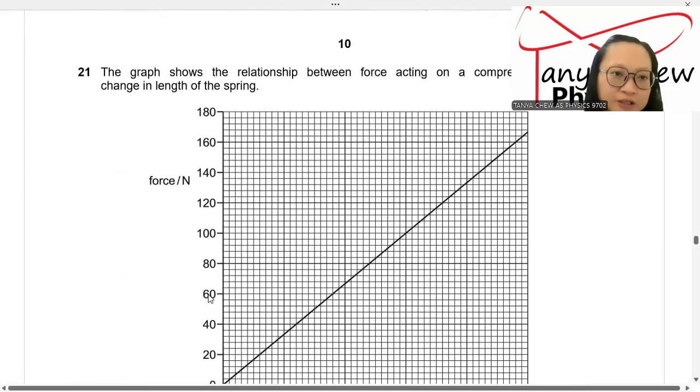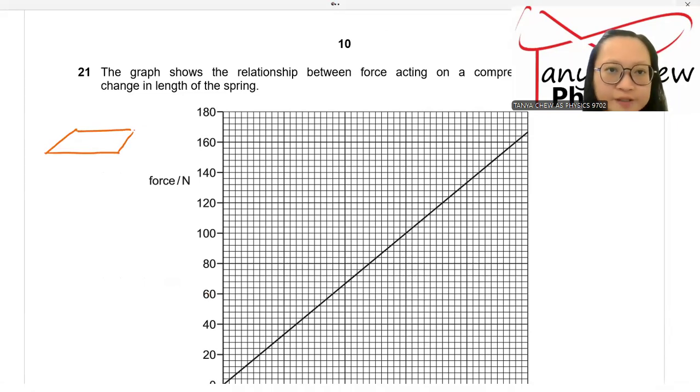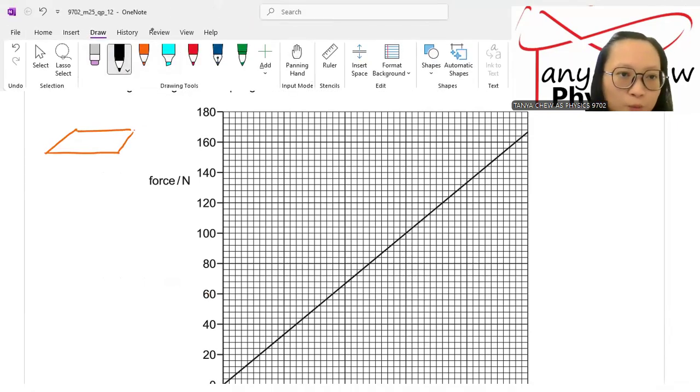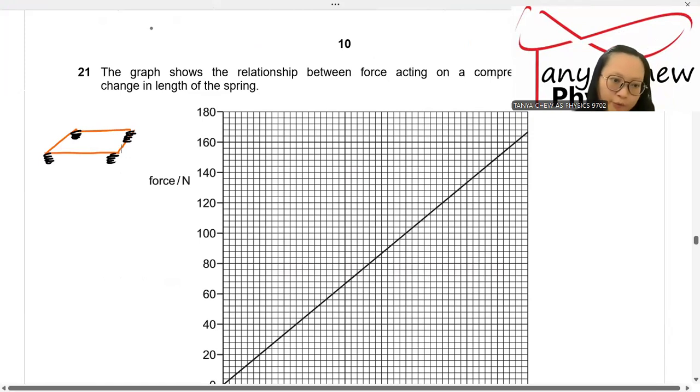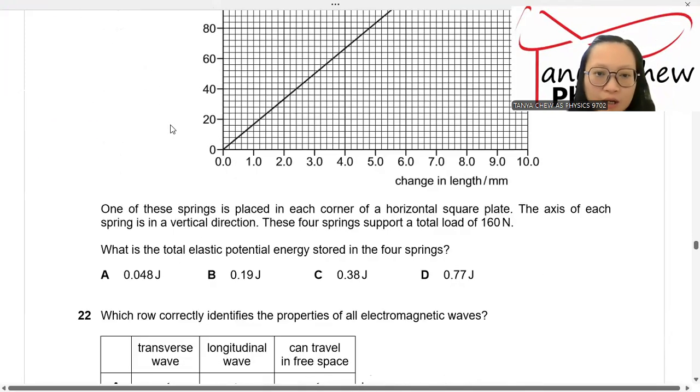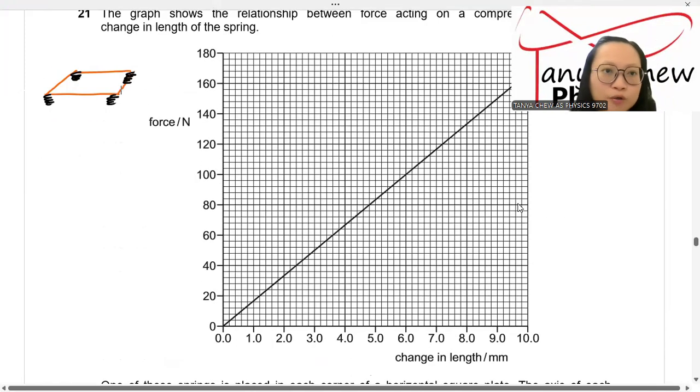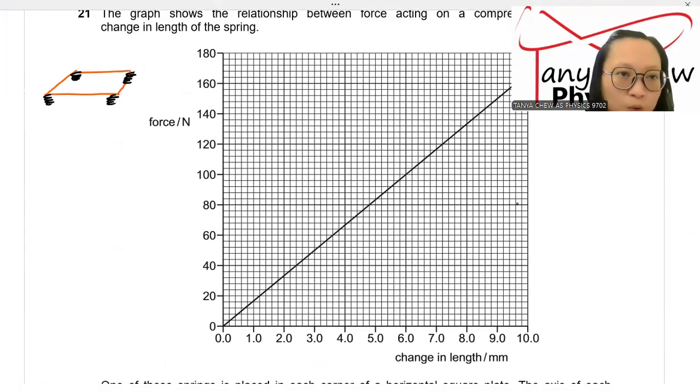So I better draw out the diagram. This is a plate, and the plate is supported by four springs. One spring, two springs, three springs, and the fourth spring right here. And the total load is 160 Newton.